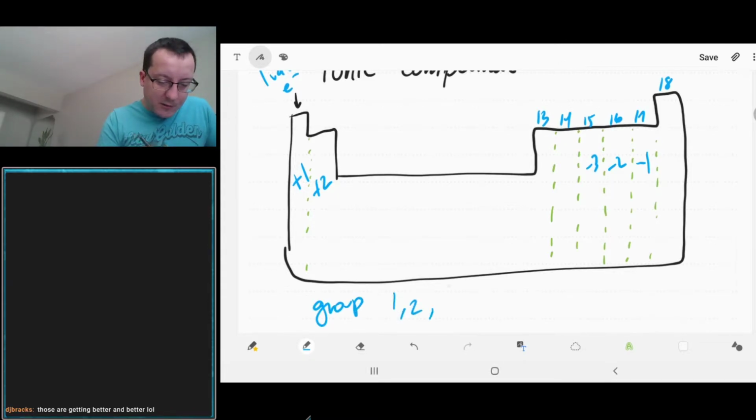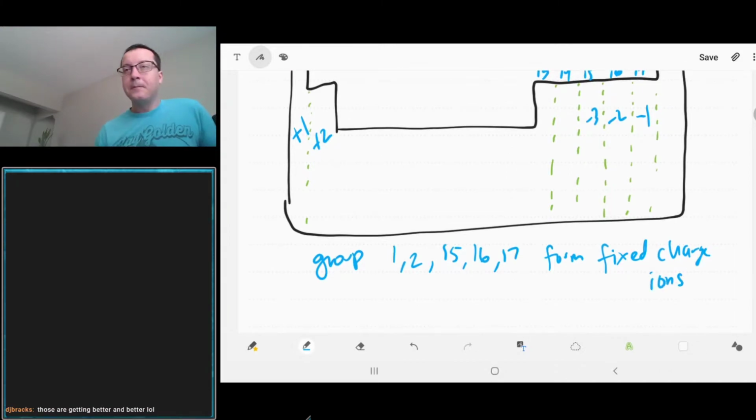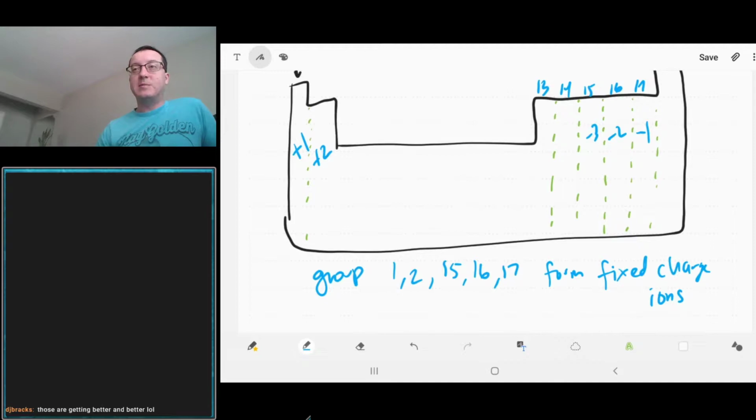Groups 1, 2, 15, 16, and 17 form fixed charge ions. That means in every situation, when these guys are forming ions, they will only form these specific ions. We have a few more that will always form specific ions as well.